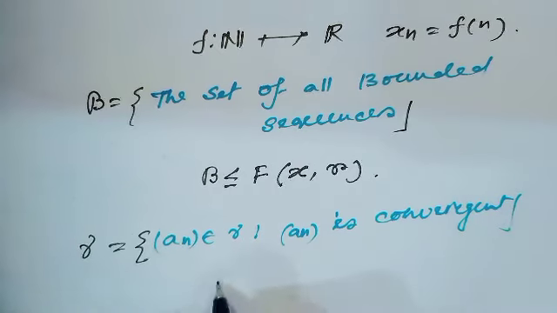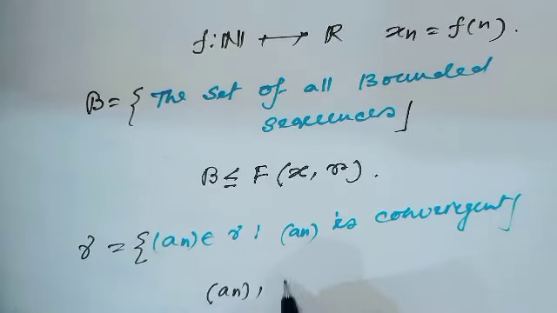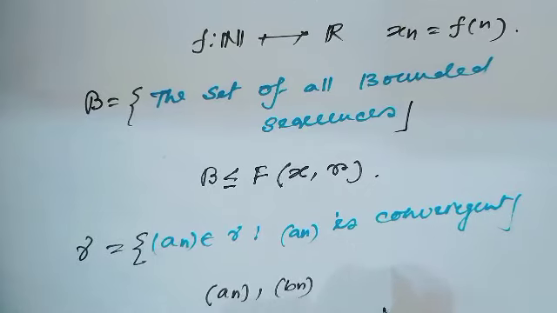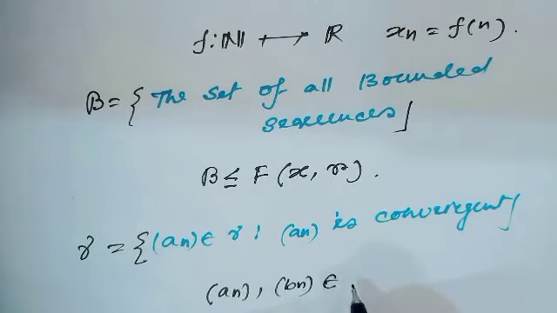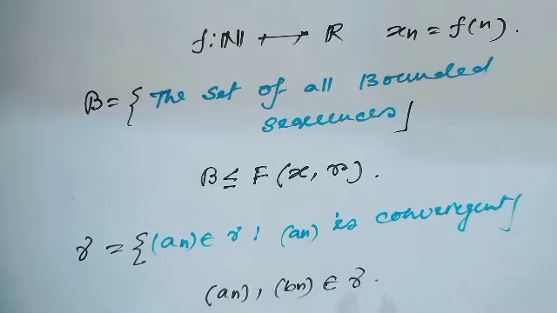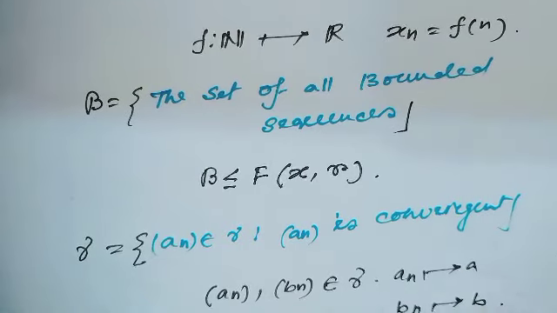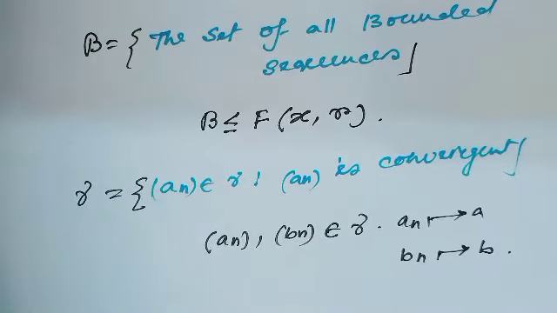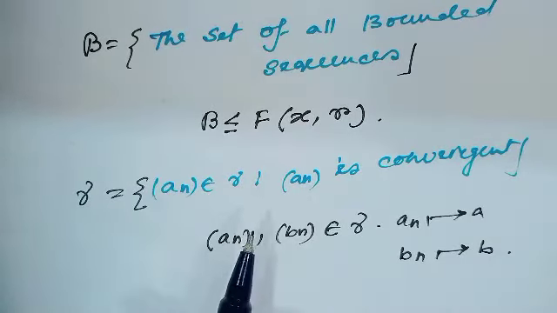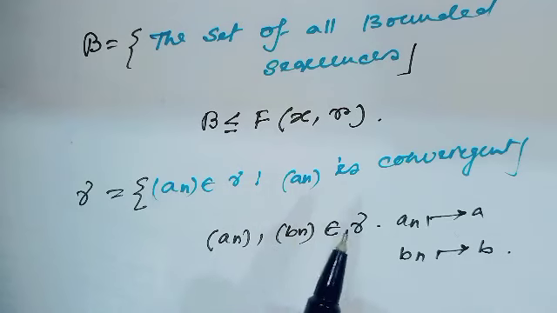This is also a vector subspace of the set of all real sequences. For this, consider two sequences an and bn such that these two sequences belong to gamma, and since they belong to gamma, obviously an converges to a and bn converges to b. Now we have to check that gamma is a vector subspace of the set of all real sequences.